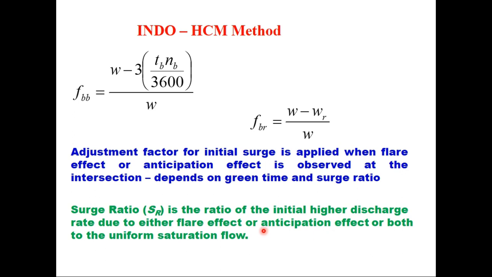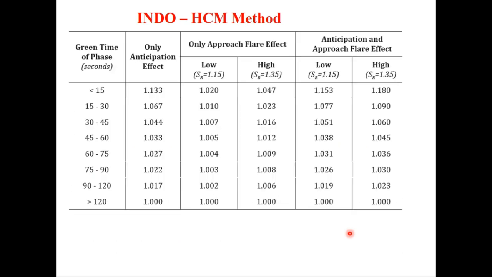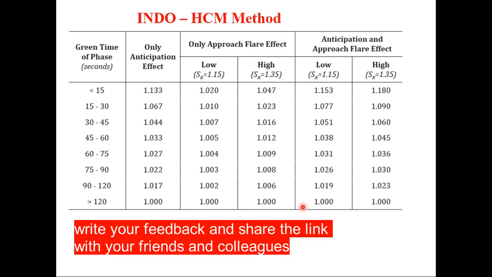Now, anticipation effect basically means that, as I told you, motorized two-wheelers come to a stop line and anticipate the change in the signal from red to green, and they start moving just before the start of the green phase. That is the anticipation effect, and therefore this table is given in the manual to calculate the value of FIS, that is the surge effect.